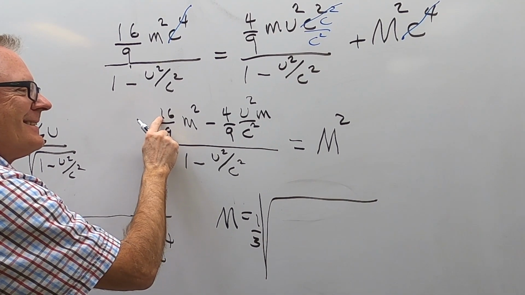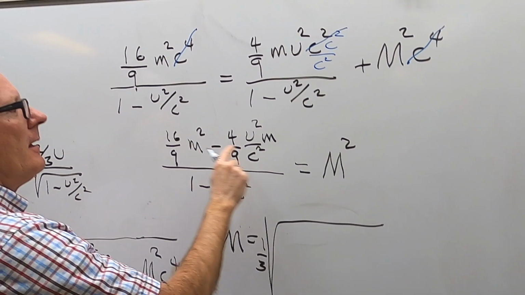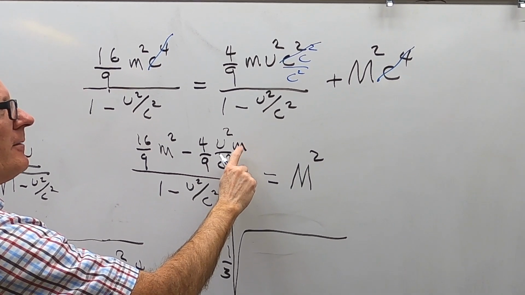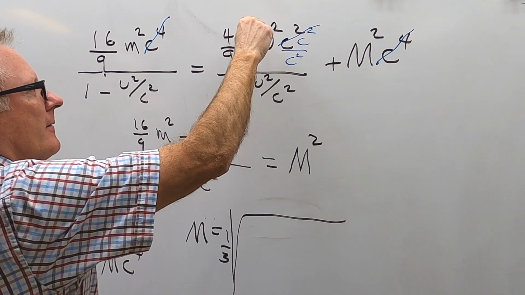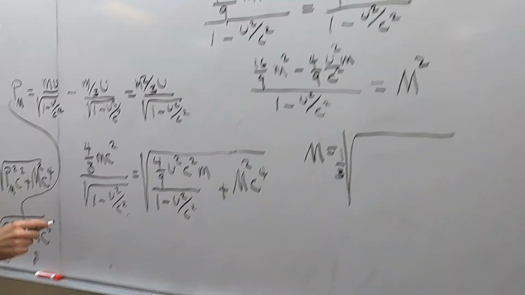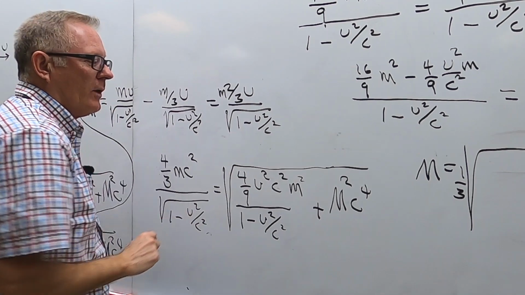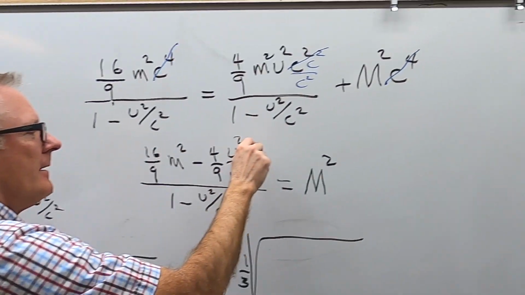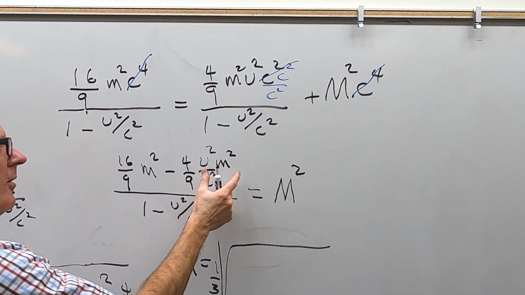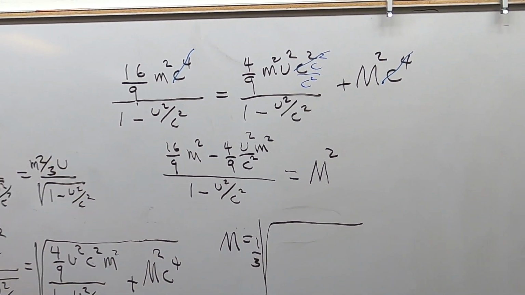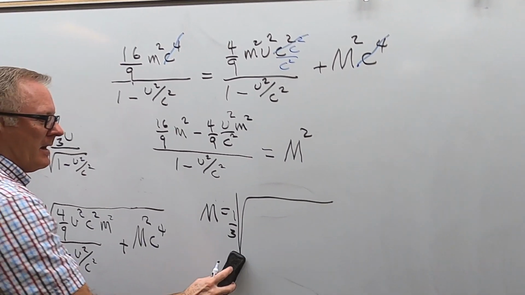We got 16 m, that should have been m squared right there. Why wasn't that m squared? We squared both sides right here. That was m squared right there, squared. So we can pull out the m, so I'll pull that out. We got 1/3 m out front.